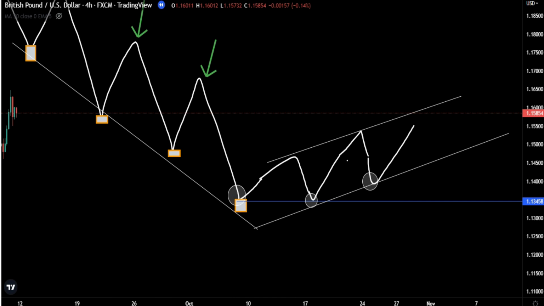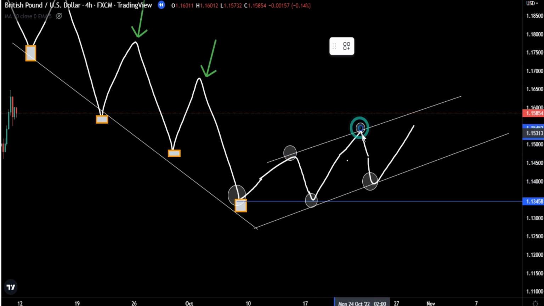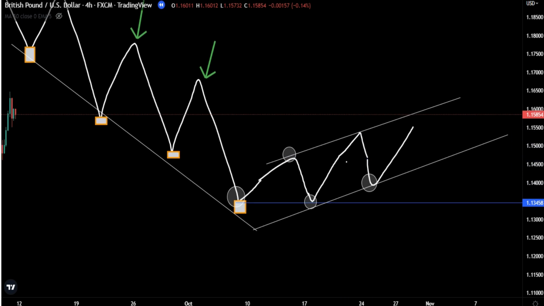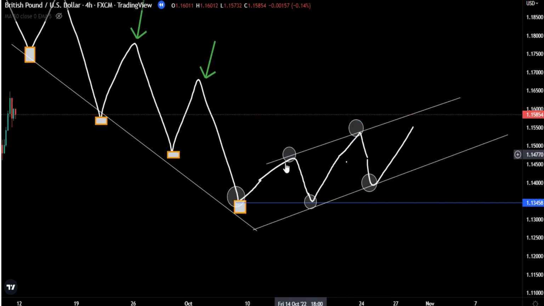Any line that can connect two or more swing highs, that is the first swing high and the second swing high, right here. So this diagonal line was able to connect two or more swing highs, and this one also connected two or more swing lows, right? So this is a trend line, and this is the point you confirm this as an uptrend.